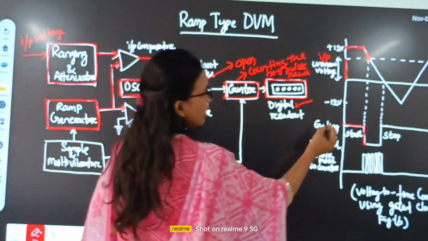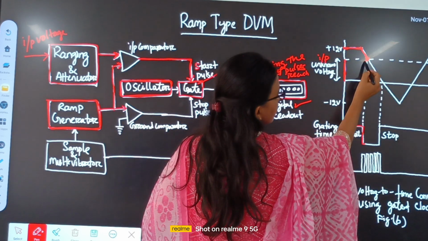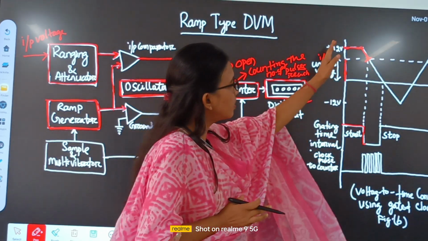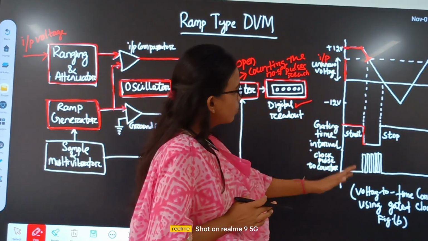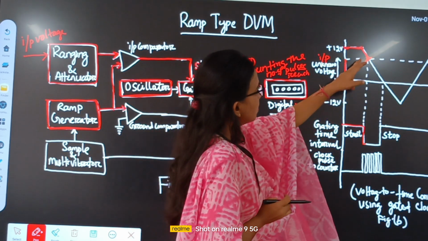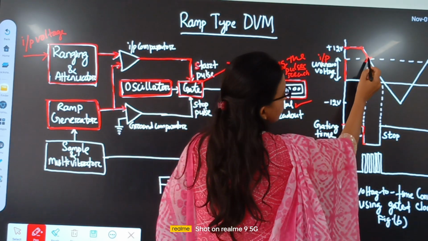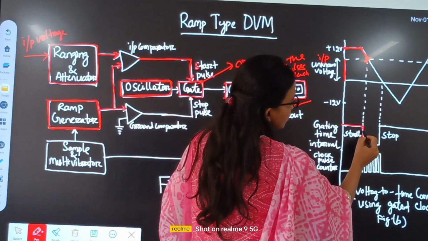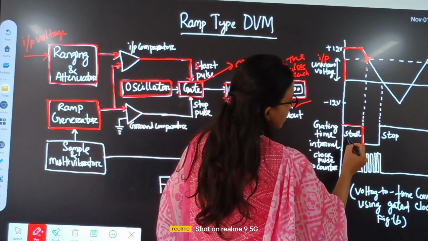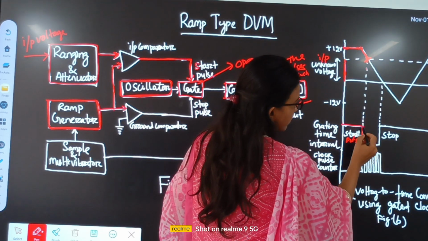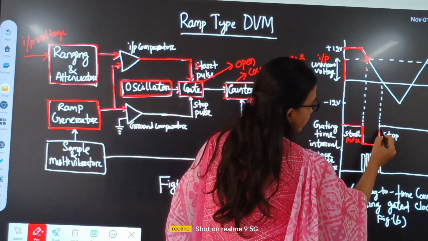And you can understand from the voltage to time conversion graph. When the input voltage and the ramp voltage are equal, the start pulse is generated. After getting the start pulse, the gate is open.